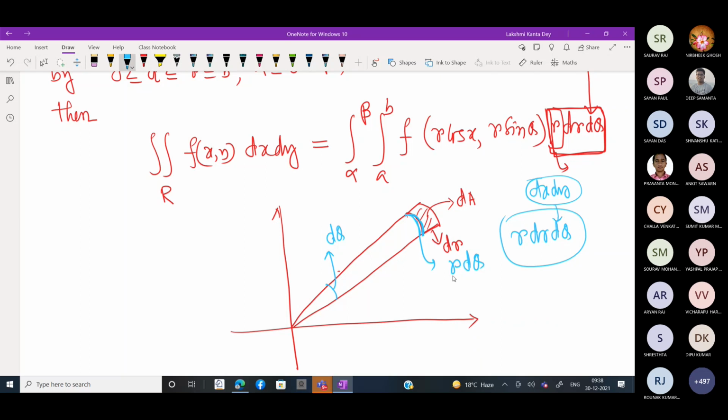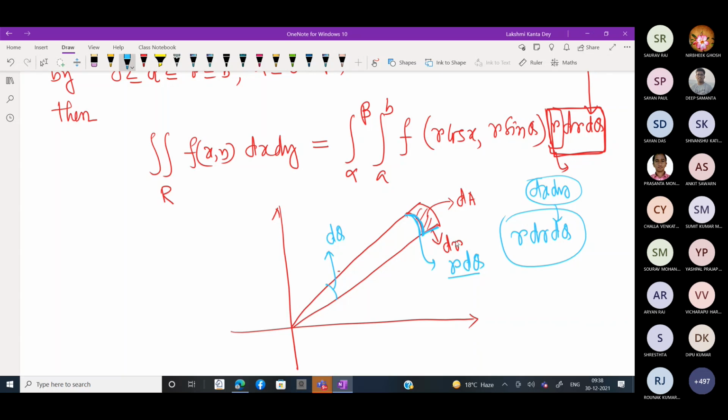This thing is coming r d theta. This part is basically dr. So ultimately, if we multiply it, this is not exactly a rectangle, but if it is very small, then you can think of its area element as r dr d theta.